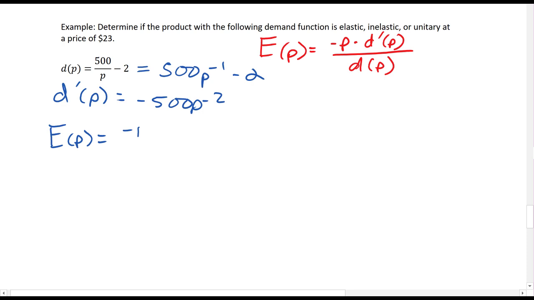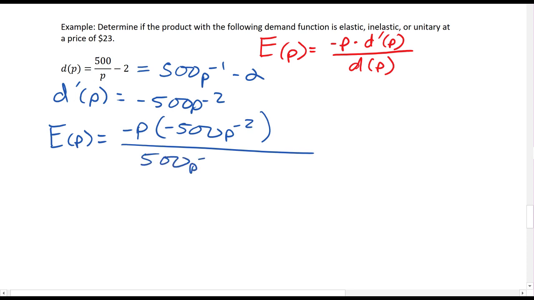It's going to be following the formula: a negative p times a negative 500 times p to the negative 2, all over 500 p to the negative 1 minus 2. Okay.